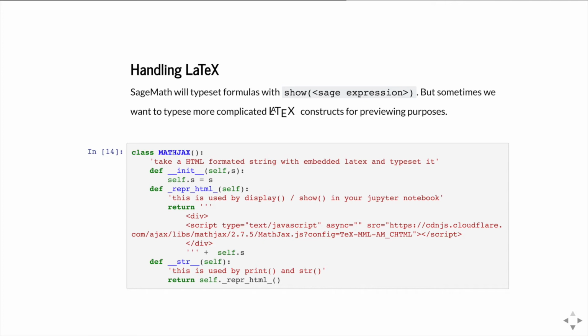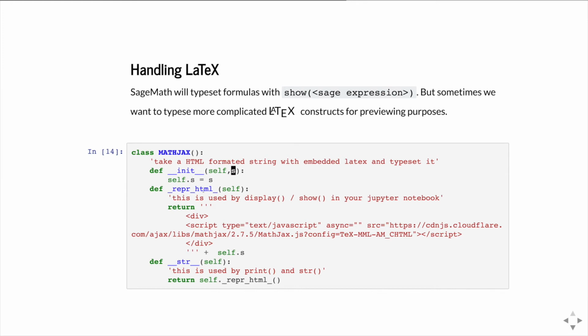We can write a wrapper, which in this case is a class. I'm not going into the details here. But basically what's happening is, depending on the context where this MathJax class is being used, it gets initialized with a string.